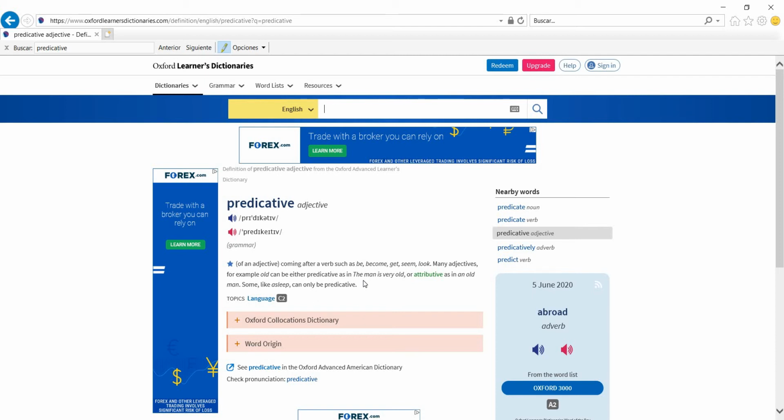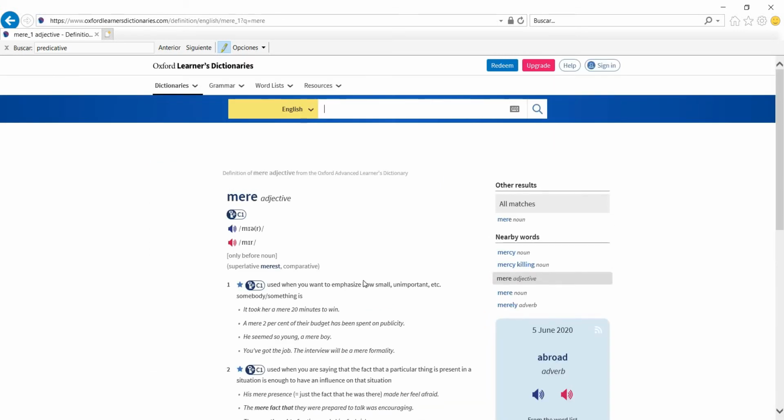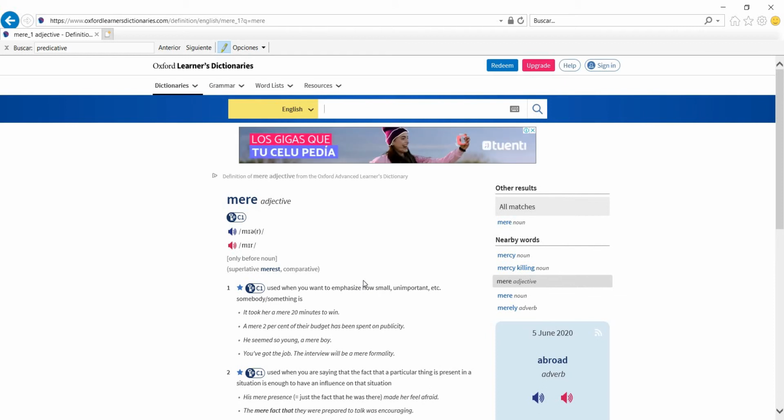Now, I would like to draw your attention to intensifying adjectives, right? So we are on page 9. Yes, we're still part of entry number 12, point number 2, right? So these words like mere, which you may be familiar with, right? A mere child means it's just a child, right?